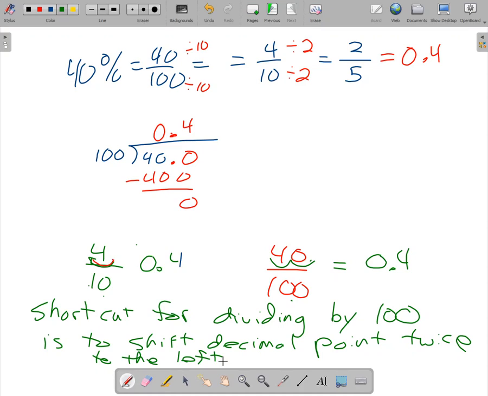Dividing by 100 should make it smaller, so we move the decimal twice to the left. And that came up when we were looking at powers of 10. Does anybody remember which power of 10 we get when we have 100 in the denominator?